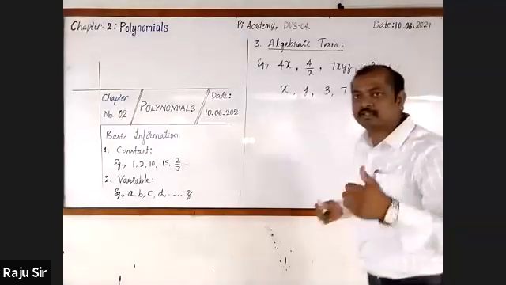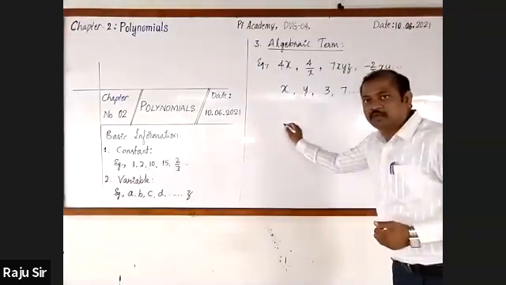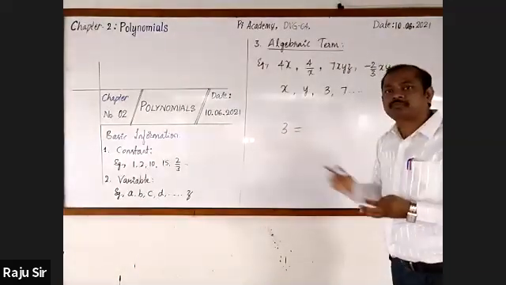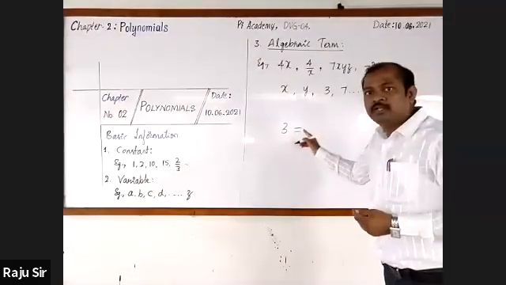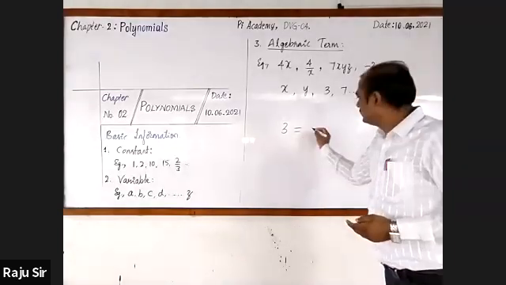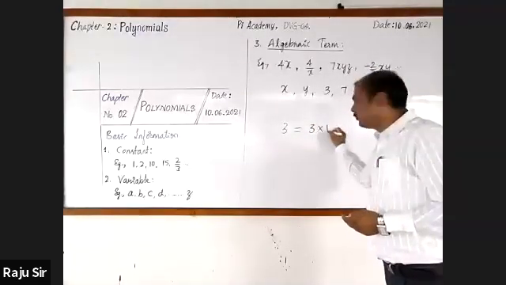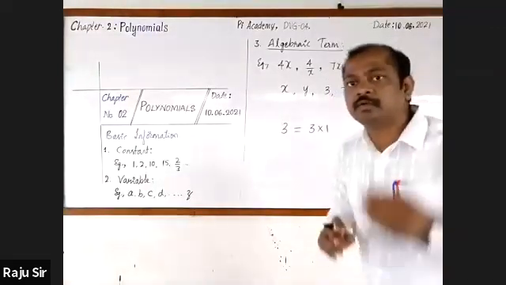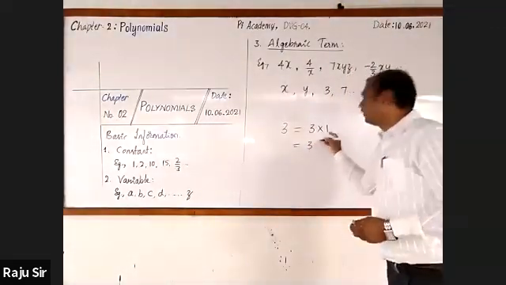The reason, I'll tell you that. Look here, if I take 3, a constant, it is also an algebraic term. This can be written as 3 into 1.